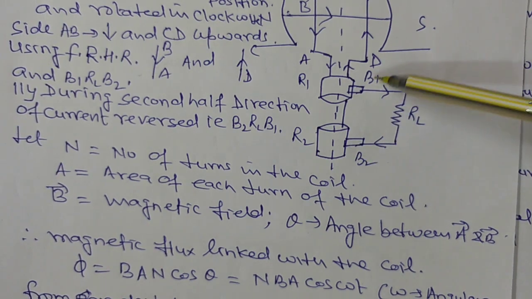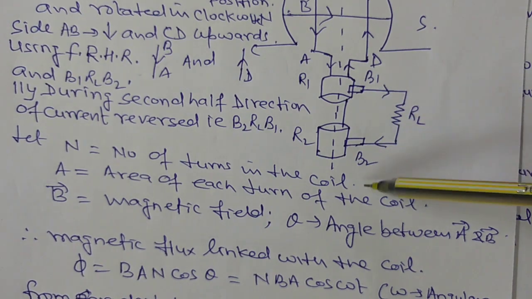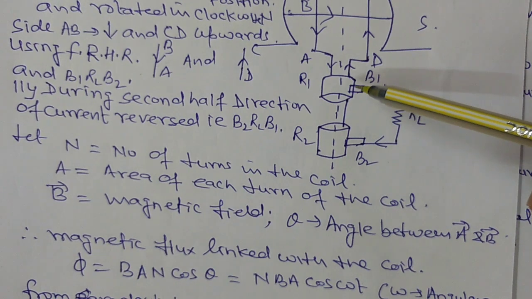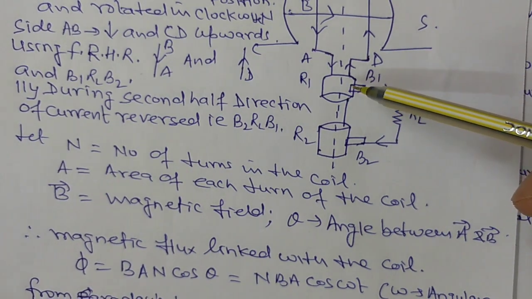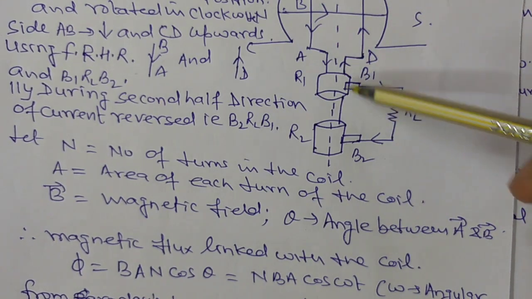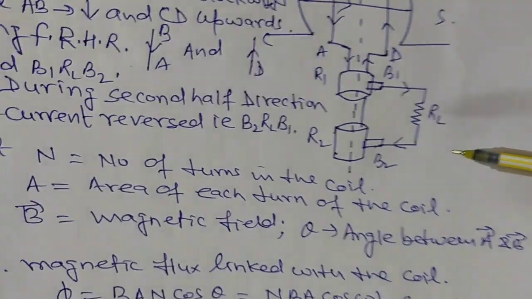These two brushes are metallic plates or carbon rods, and they are fixed and maintain constant contact with the slip rings, and there is a load resistance between B1 and B2.